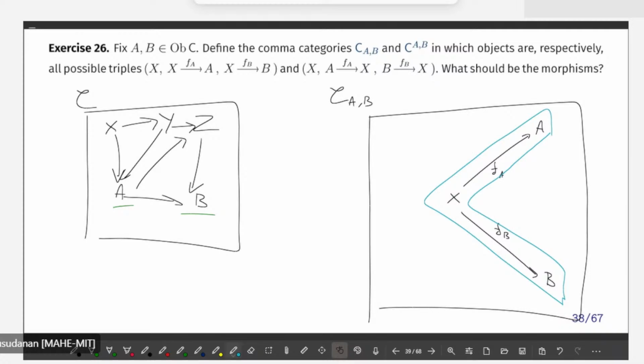For the same X, if I use a different morphism, either FA or FB or both, I will get a different object for the same X. So objects in this are not indexed by X. It is this triple. Even if I change one of these, I get a new object. Anyway, we don't need to worry.